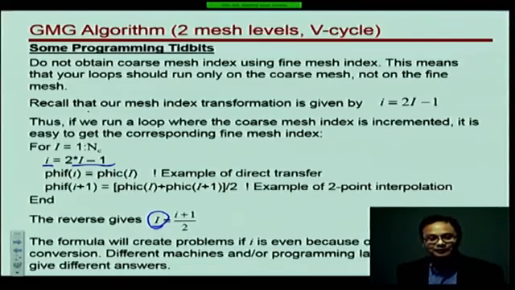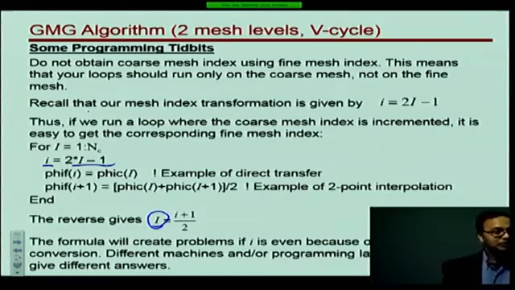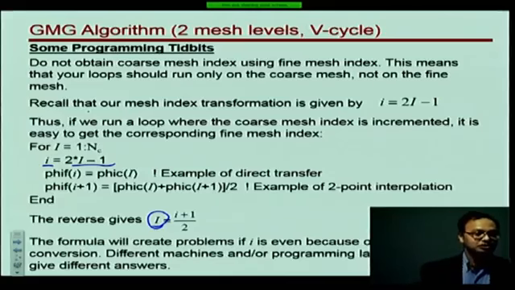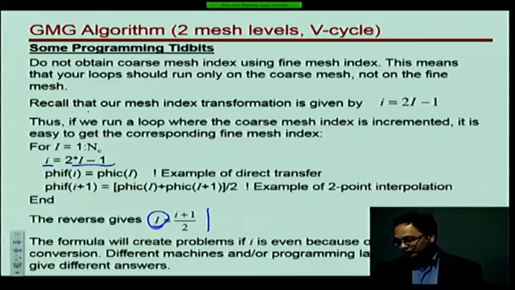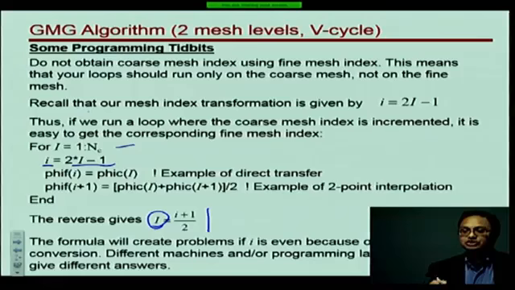It depends on what computer you're using, what programming language you're using, because it's simply going to approximate a real number with an integer. So don't ever do this. Always do this: start with the coarse mesh, get fine mesh indices from that. Any questions?